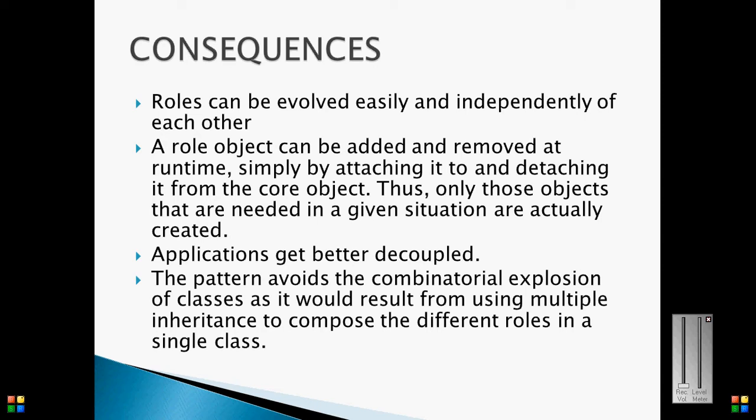Applications get better decoupled by explicitly separating the component interface from its role. The coupling of the application based on different role extensions is discrete. Let's say client A uses the component interface and some context specific client role classes, and does not need to know the client role classes which other applications like client B use.